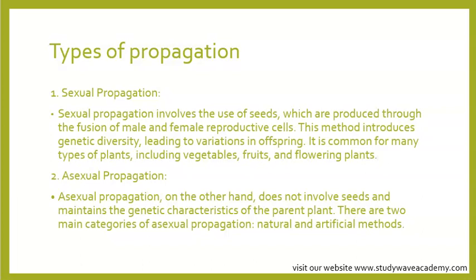It is a way to make new plants that are exactly like the parent plant. There are two main categories of asexual propagation: the natural and artificial methods.